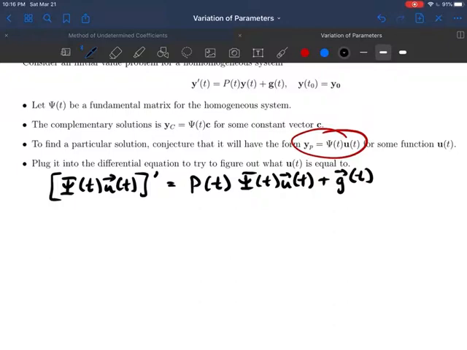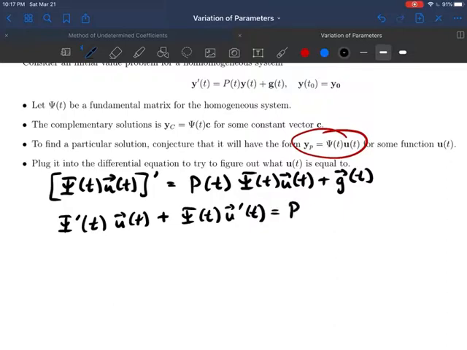Right, so over here on the left-hand side, we're going to have to do the product rule to get the derivative, and let's see where that leads us. So we get derivative of the first, plus, now we leave the first the same, and multiply by the derivative of the second, and the right-hand side of this equation is going to stay exactly the same.